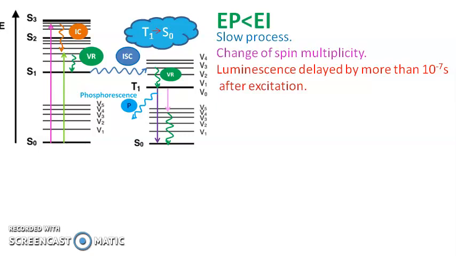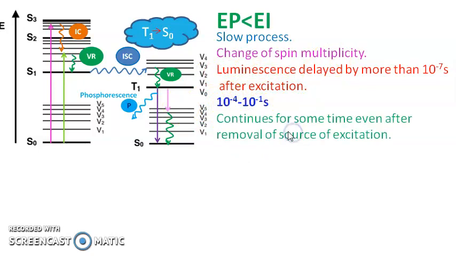Because of the change in spin multiplicity required, the luminescence is delayed, usually considered to be 10 to the power of minus 4 to 10 to the power of minus 1 second. So it is so slow. Also, the phosphorescence phenomenon continues for some time even after the removal of the source of excitation. That's important. The material will be luminous even if you remove the source of light.